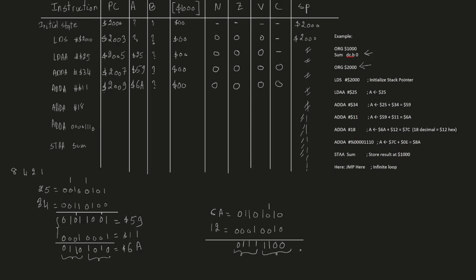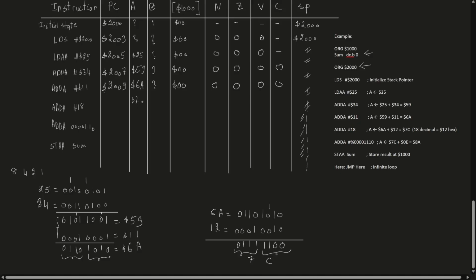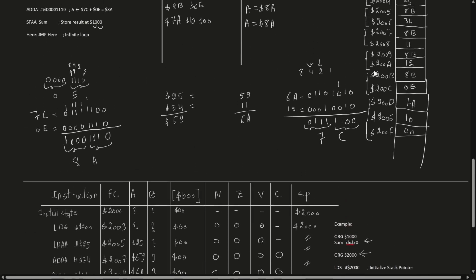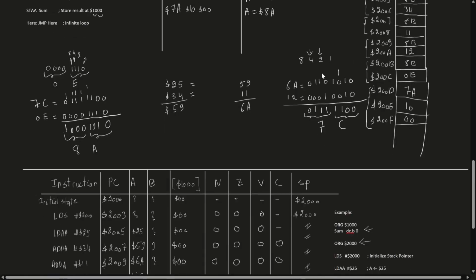So this one in hexadecimal will be 4 plus 2, 6 plus 1 is 7. And then 1, 1, 0, 0 will be 8 plus 4 is 12. 12 in hexadecimal is C. So the accumulator A will be 7C. And then the program counter will be pointing to the next instruction. So after 2009, we have 200B.